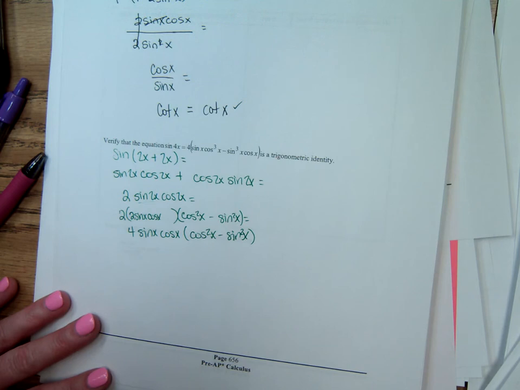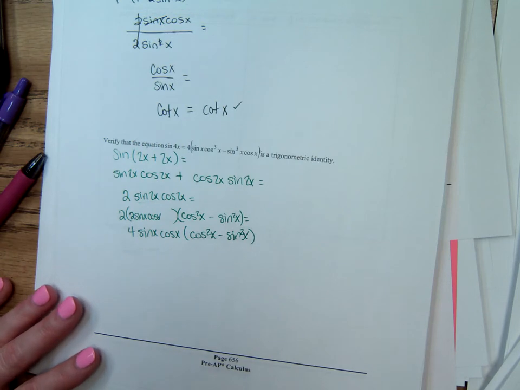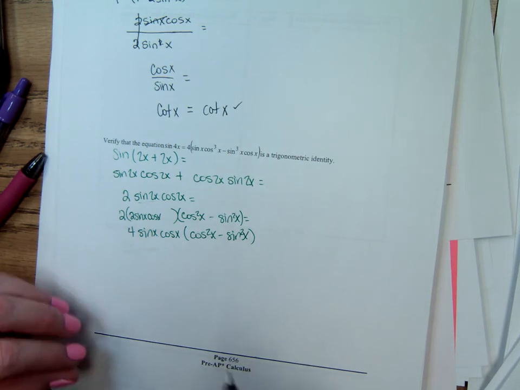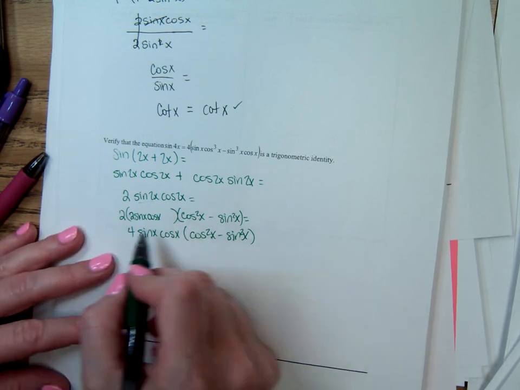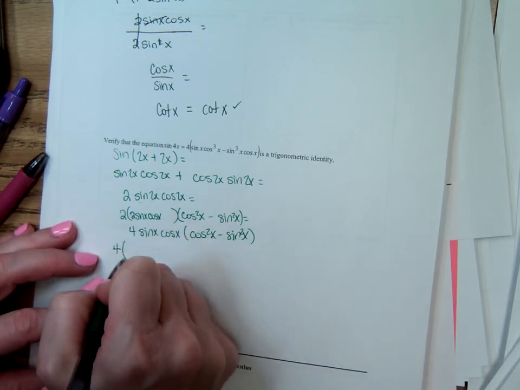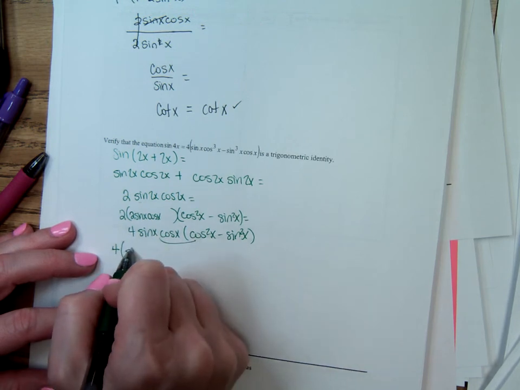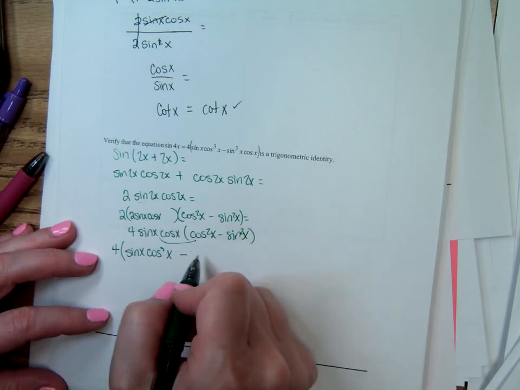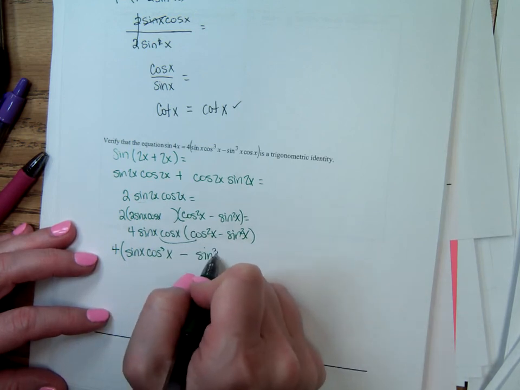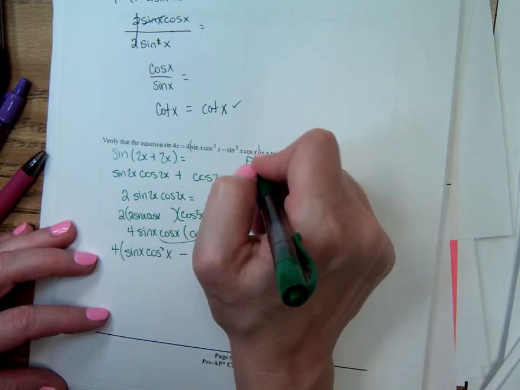So we just turned sine 2x and cosine 2x into the formulas from the page before. Then do some distributing and look what you have. If you keep that 4 out, you have sine x cosine cubed x minus sine cubed x cosine x, which is exactly what you started with.